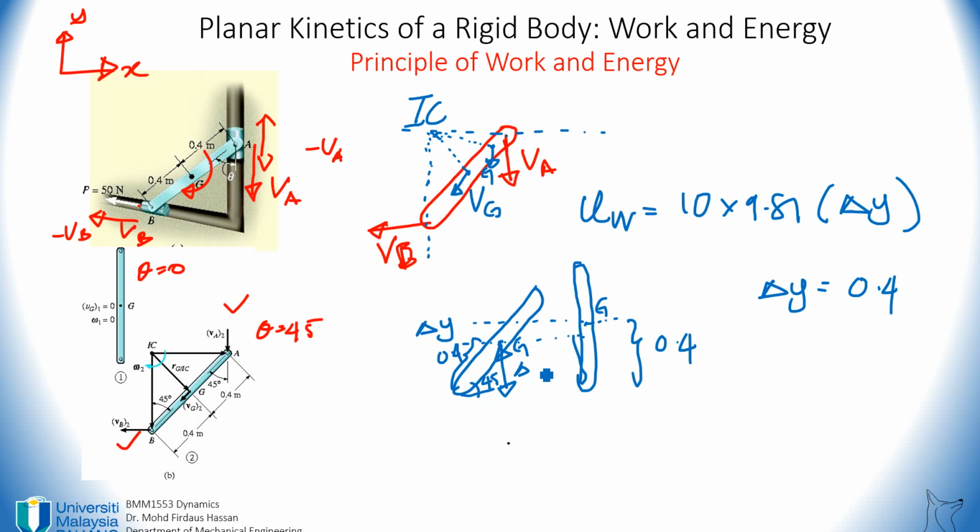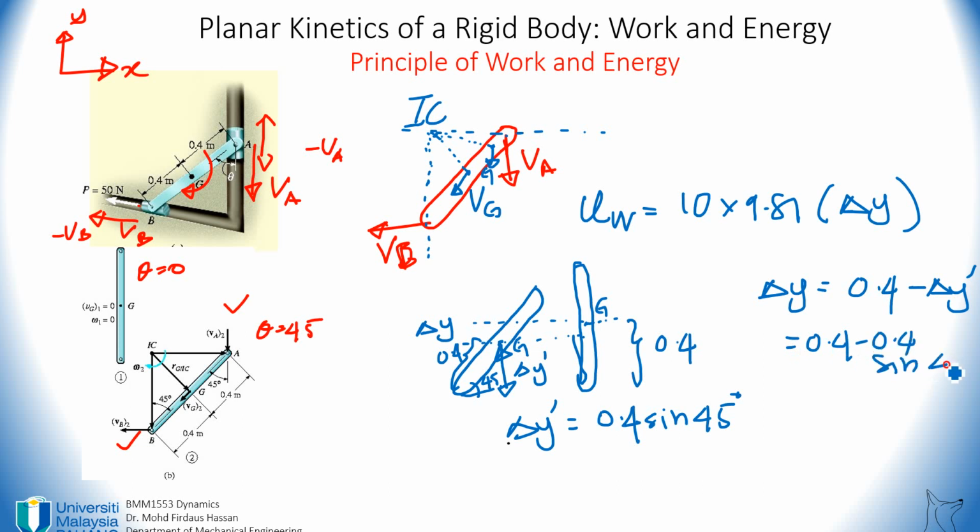I call it delta y prime, which is equal to 0.4 sine 45. And then delta y is equal to 0.4 minus delta y prime, which is 0.4 minus 0.4 sine 45 degrees.